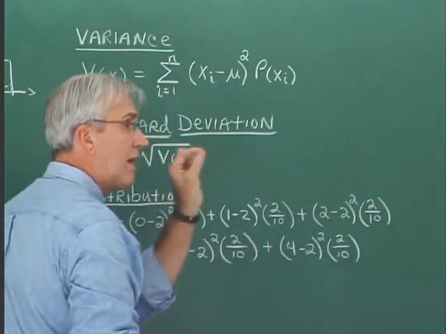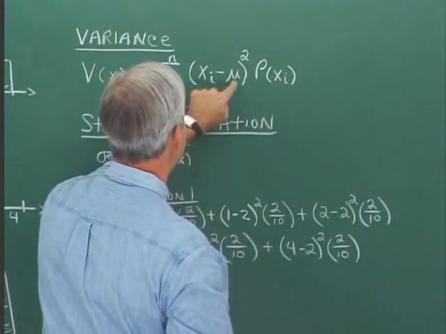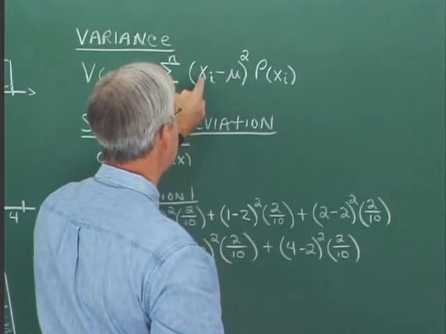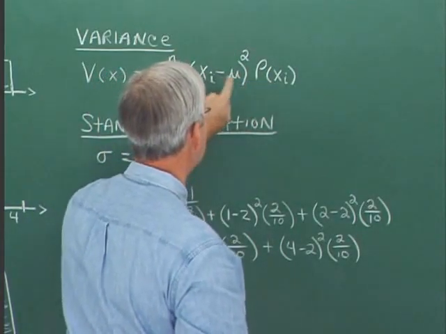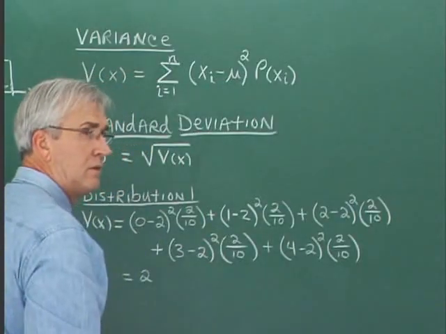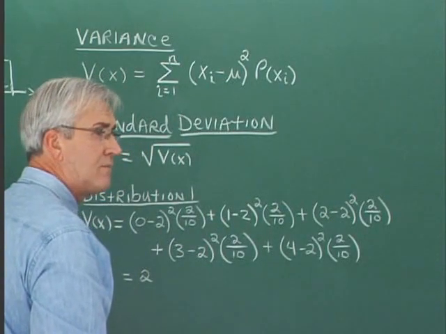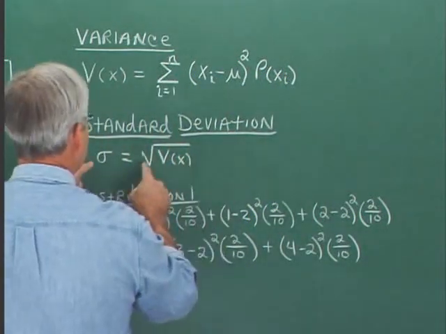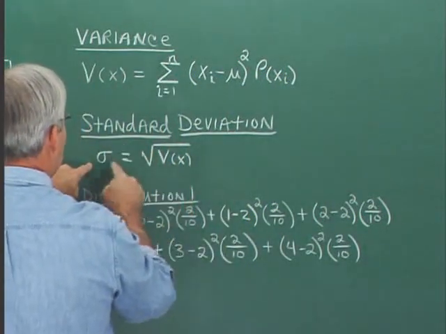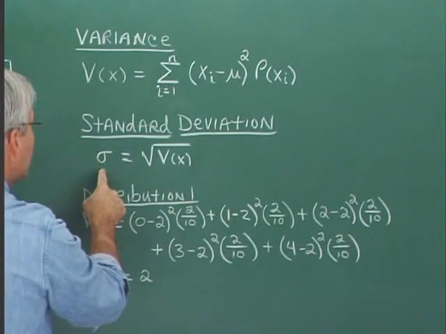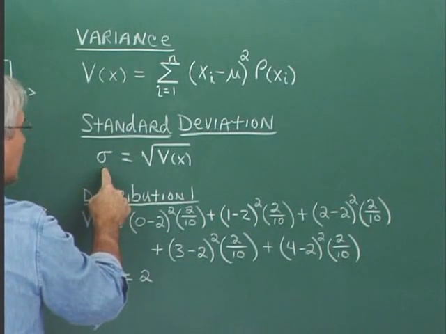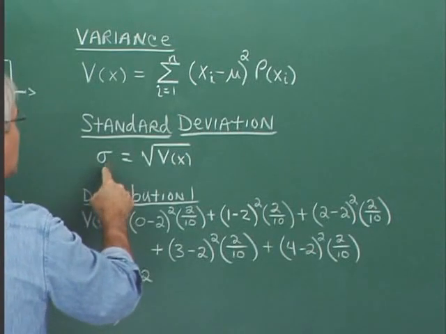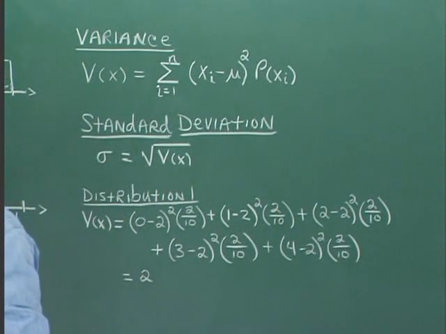For every one of them, this is like the distance from the mean squared times the probability of the occurrence of that x. And the standard deviation is just the square root of the variance. Notice standard deviation is another Greek letter, sigma, and that's the traditional notation for standard deviation.